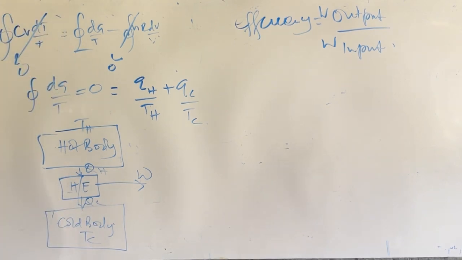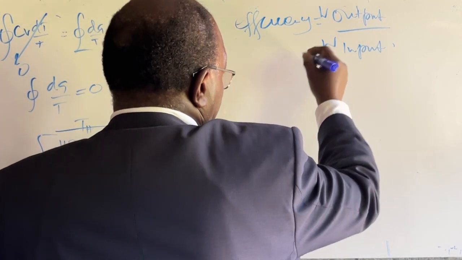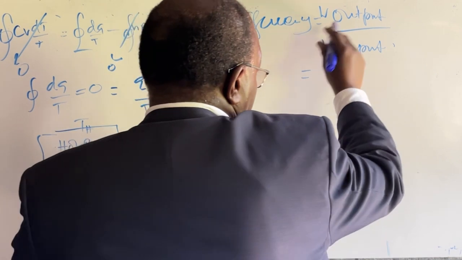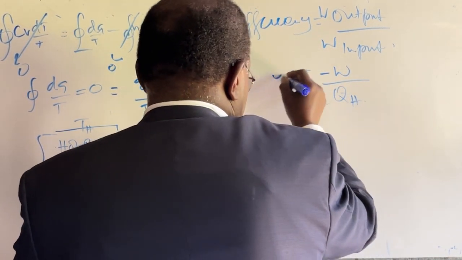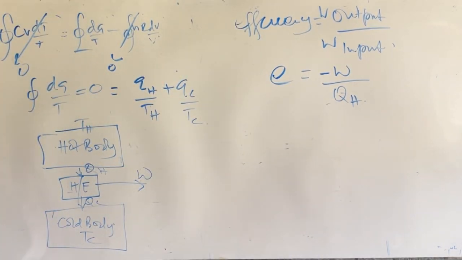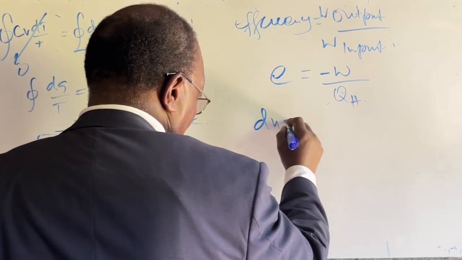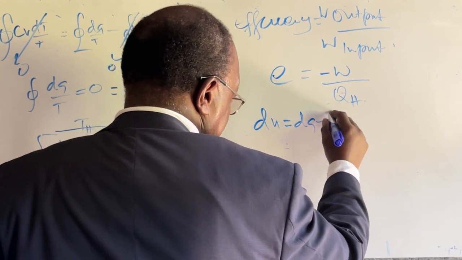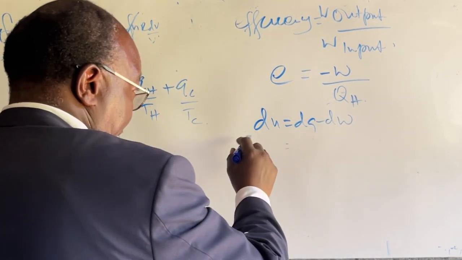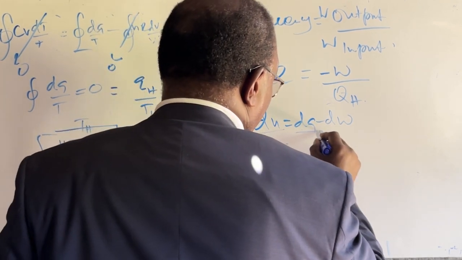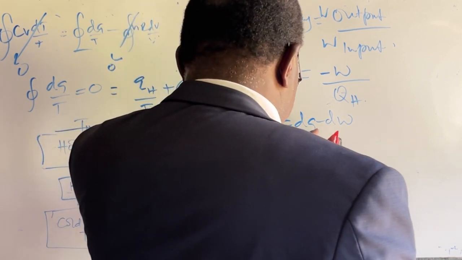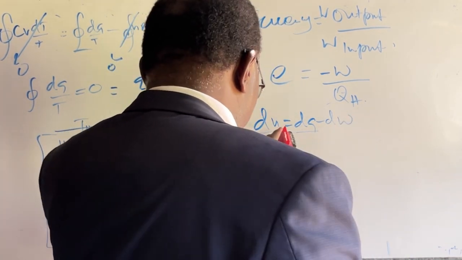So what is our work input and what is our work output? We have minus W over the input, that's QH, that's the efficiency. And now we see that in our system here, if you go to the first law, dU is equal to dQ minus dW. Remember, if the process is adiabatic, dQ is 0, we have work here and we have dU.